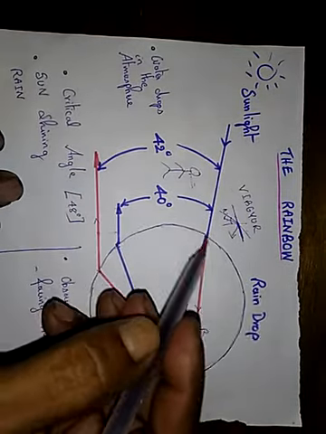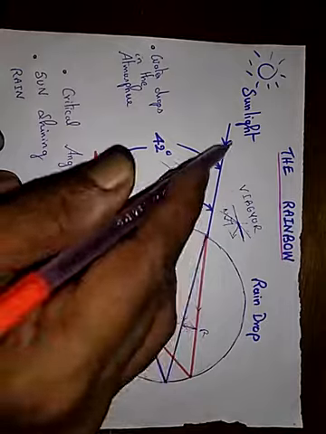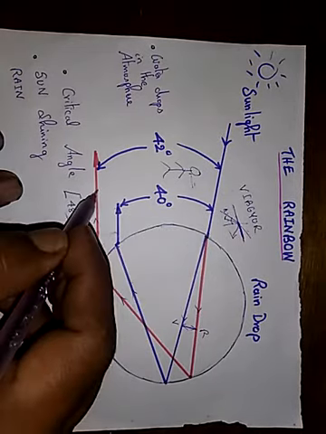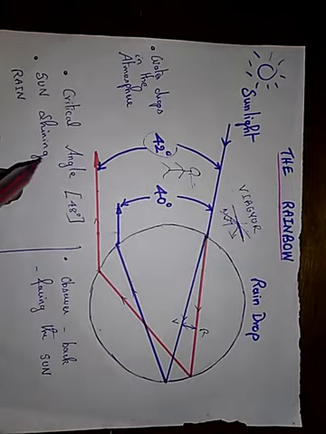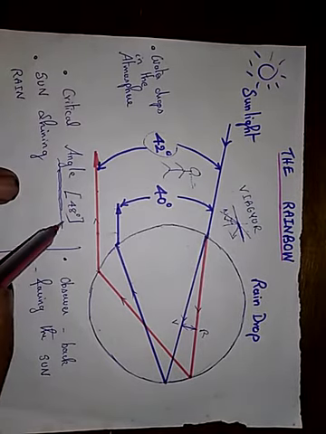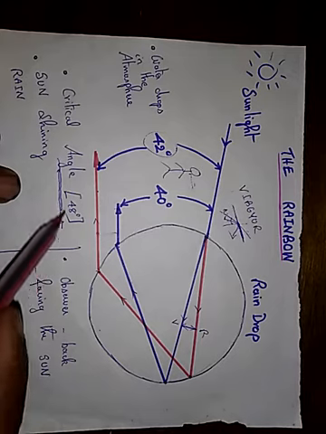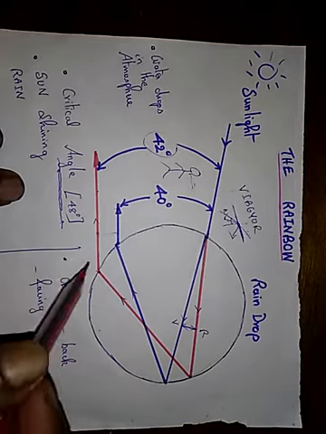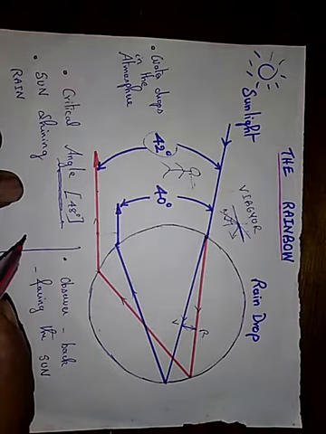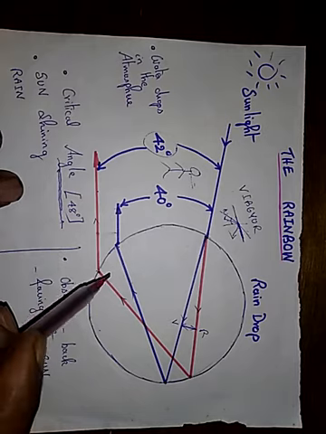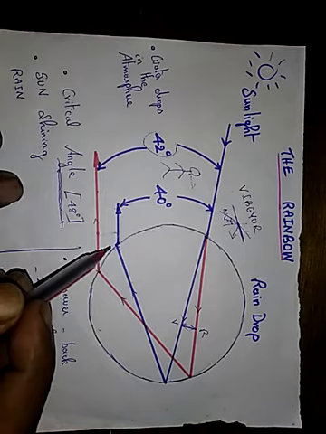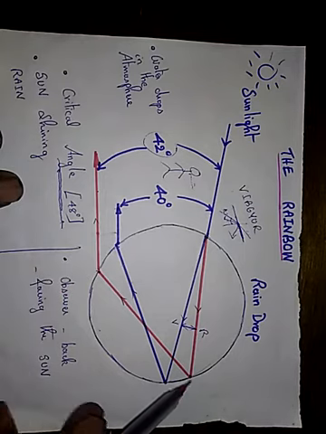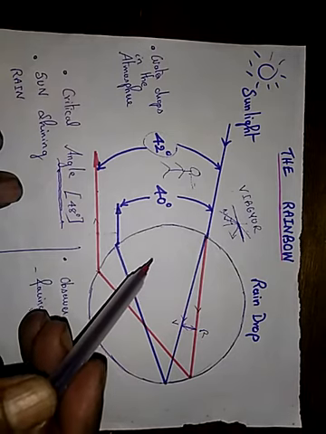The angle between the incoming sunlight and the red wavelength is 42 degrees. And I already told you the critical angle is 48 degrees. These three angles you should remember. Okay, and what are the things happening here? Refraction, then reflection, and once again refraction. So that's how a rainbow is formed.